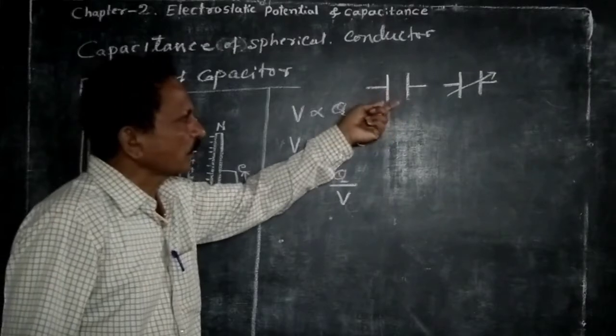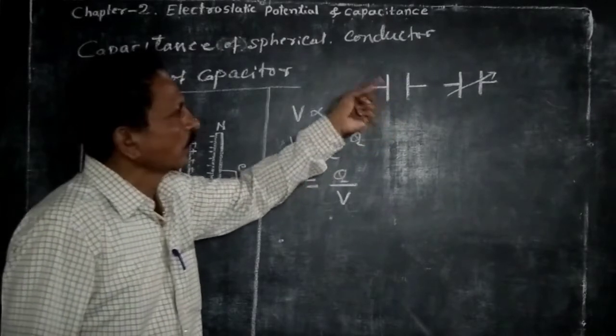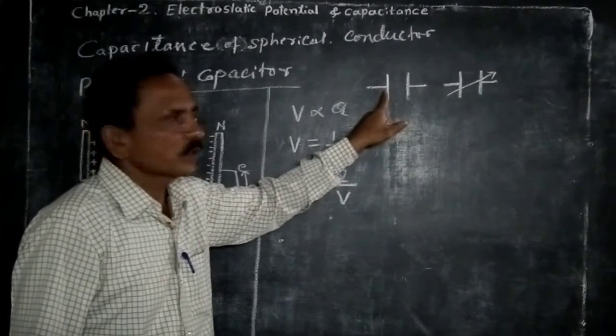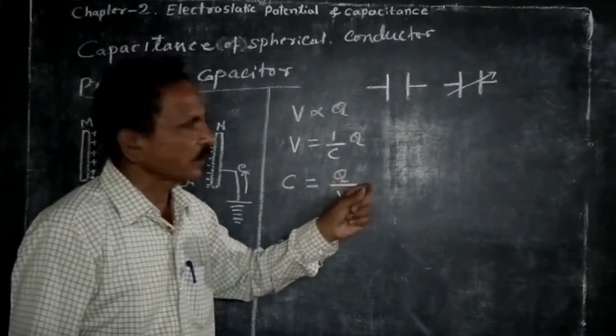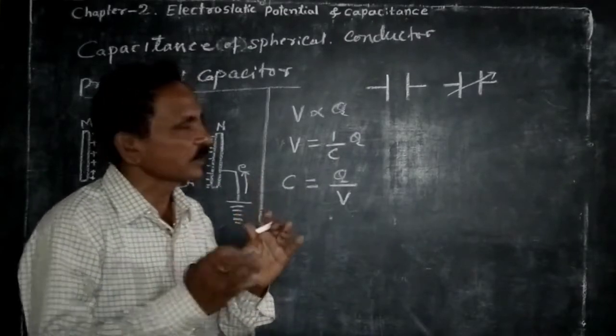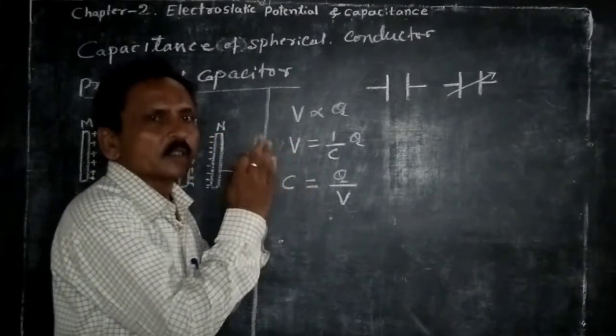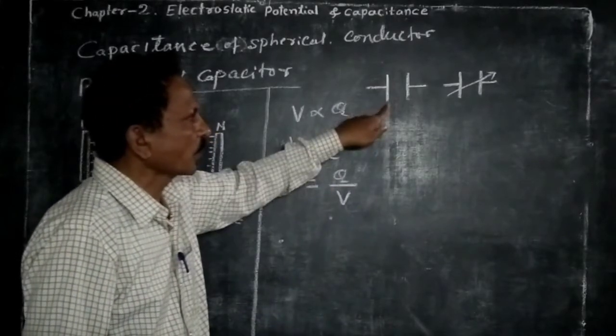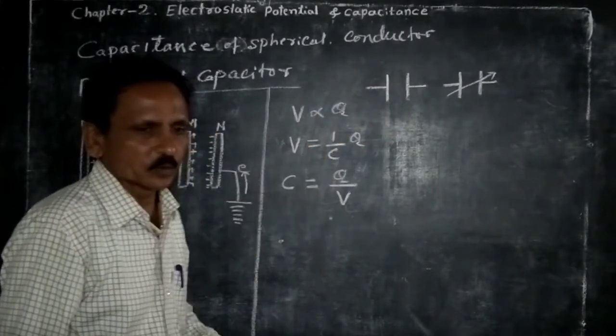The conductors may be rectangular, spherical or cylindrical, but they are identical conductors.